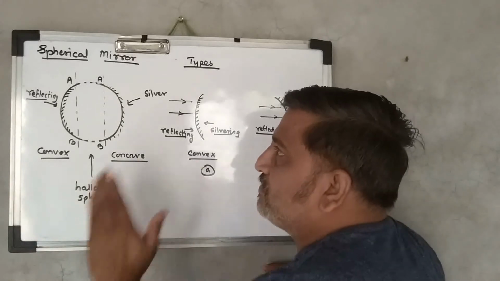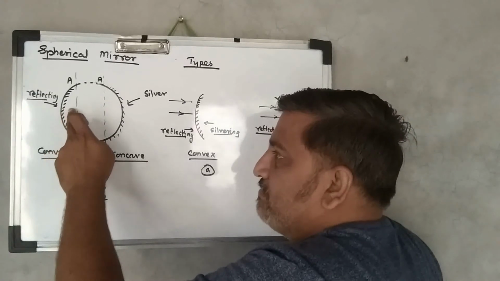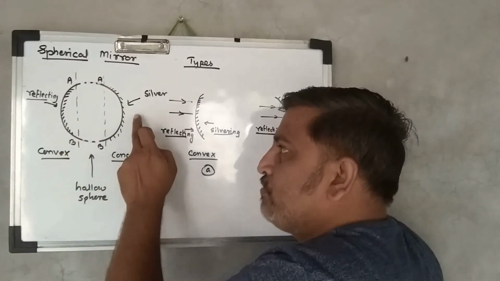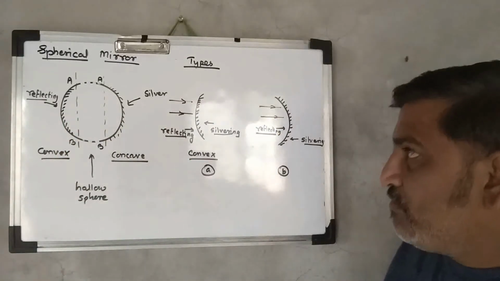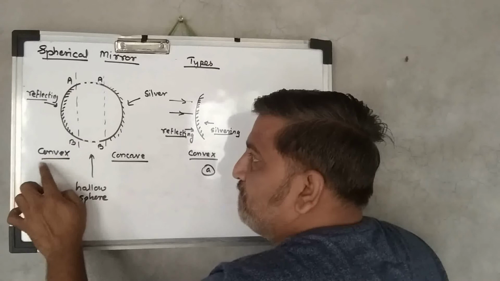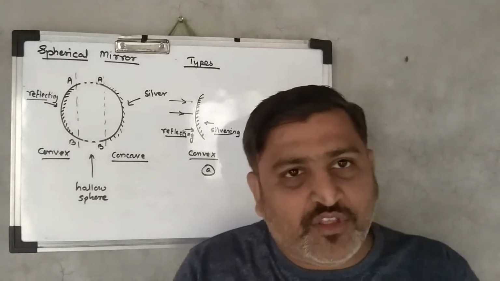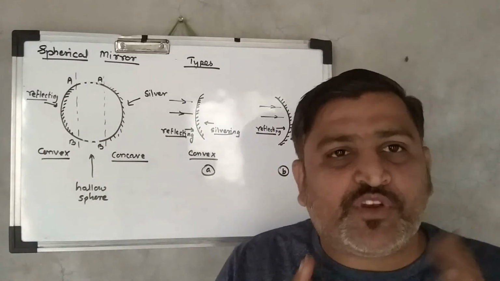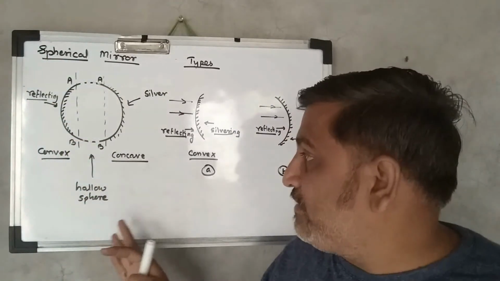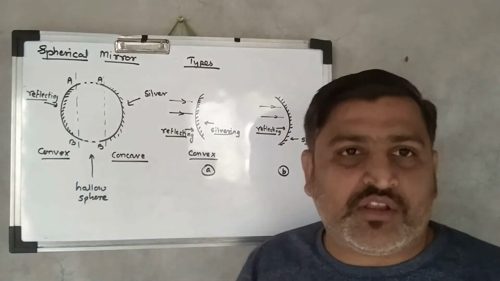If I silver this spherical sphere from inside, and silver from outside on the other side, then when we cut these pieces, we find this as a convex mirror and this part as a concave mirror. When we cut the hollow sphere into two different sections according to AB, we find two mirrors formed. One is a convex mirror, the other is a concave mirror.